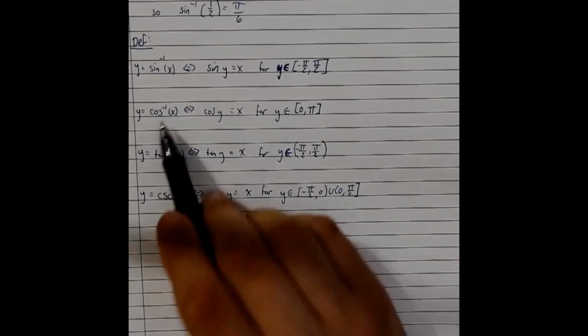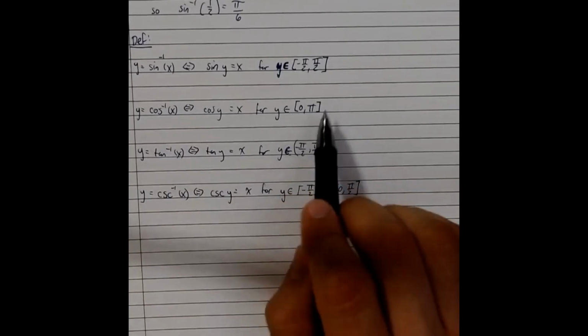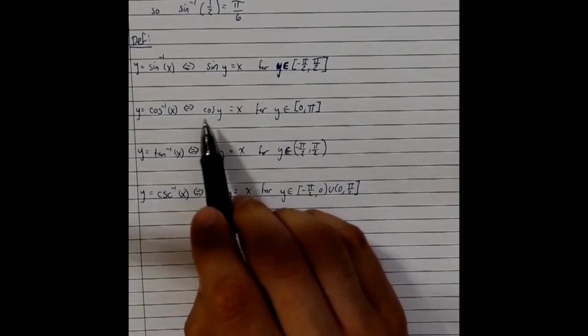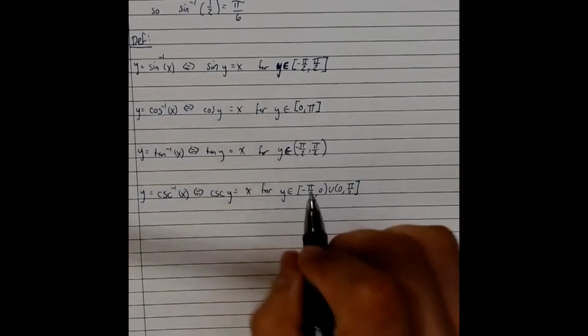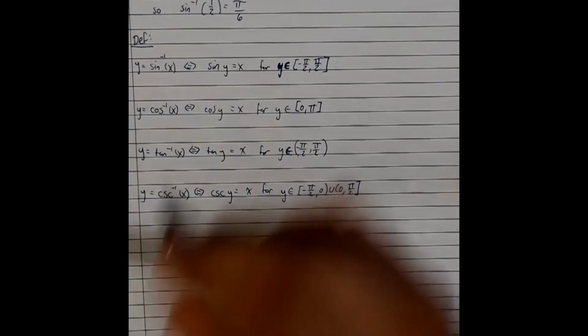And the same thing will be true for the inverse secant. We're going to be using the same restriction as we used to define the inverse cosine, except again, we're going to want to exclude the asymptote that you would normally find when you define the secant function.